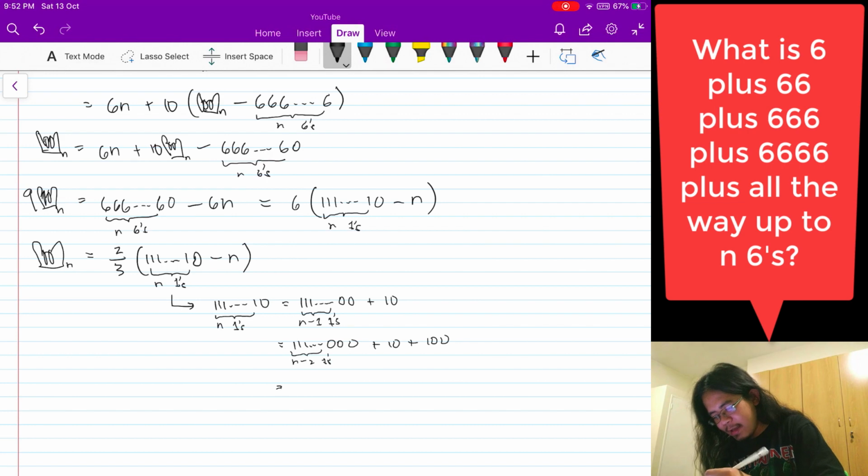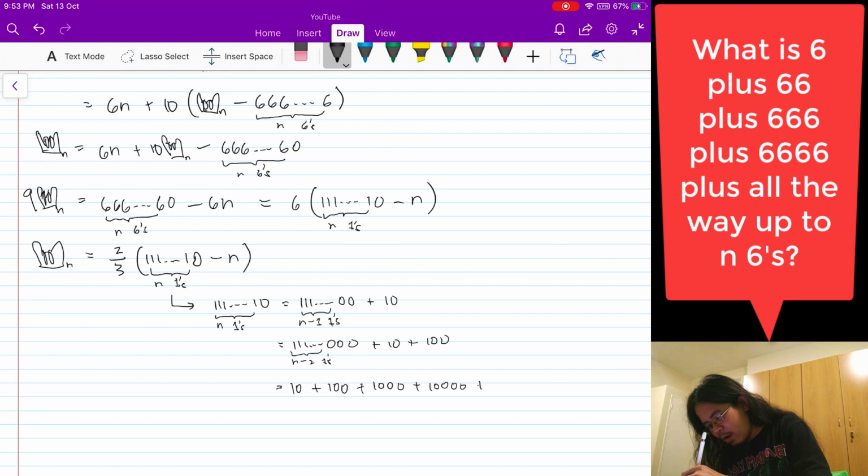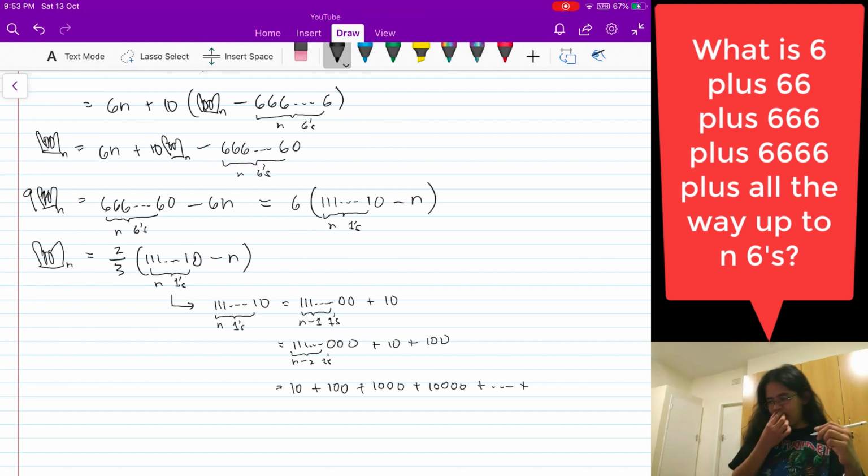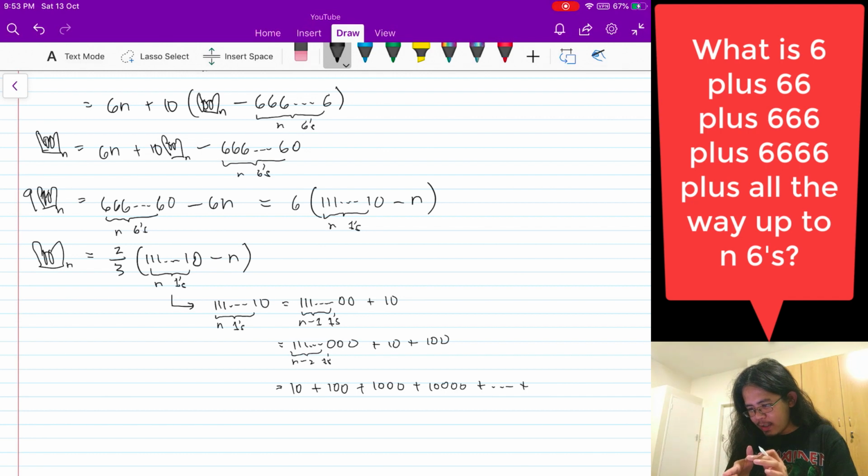Okay, so in fact, you can write this as 10 plus 100. So you keep extracting powers of 10 from it, plus 1,000 plus 10,000, all the way up to, so how many zeros will the last one be? So since you began with n ones, excluding the 0, you've extracted n minus 1 ones in all.